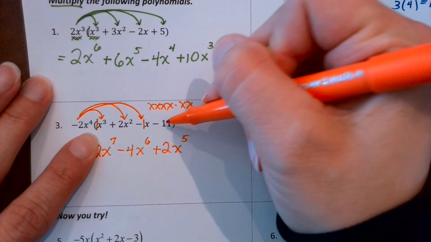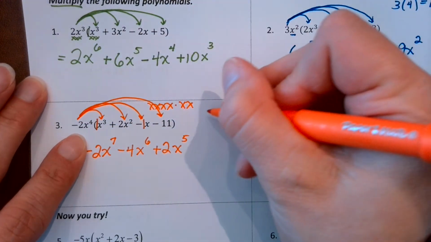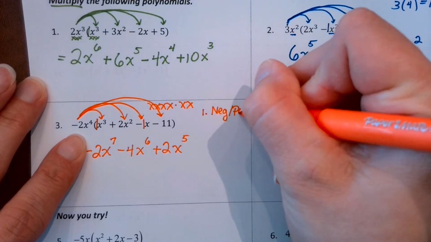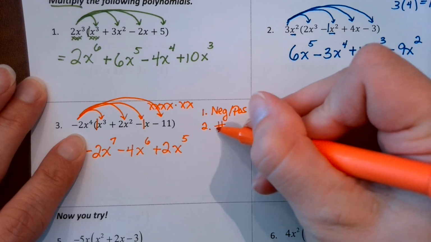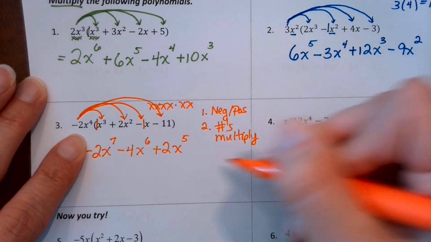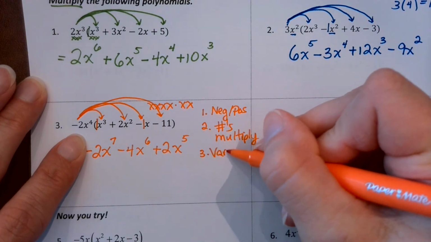Okay, and don't forget we have to distribute to this last term. So the first thing I'm going to do, okay, is the negatives. The negatives are positives. The second thing I think about, okay, are the numbers. Okay, and we multiply the numbers. And then the third thing I think about, okay, are the variables.